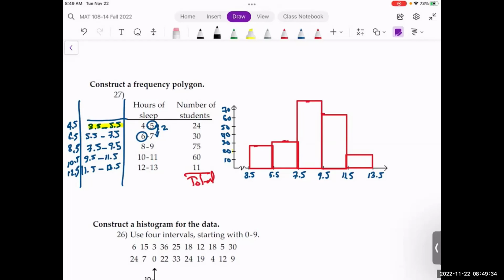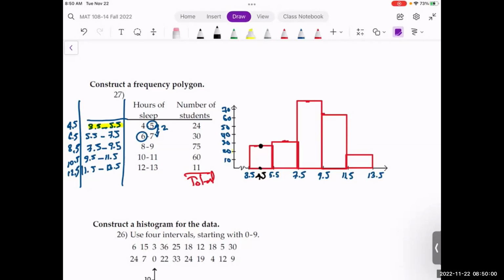So now if you want to turn this histogram into a frequency polygon, you're going to represent each one of these bars by the midpoint and the highest point. So the midpoint here is at 4.5, right? And the highest point, this one, is going to be the first point.